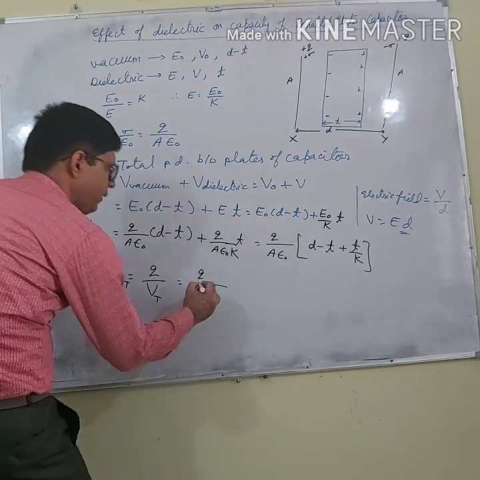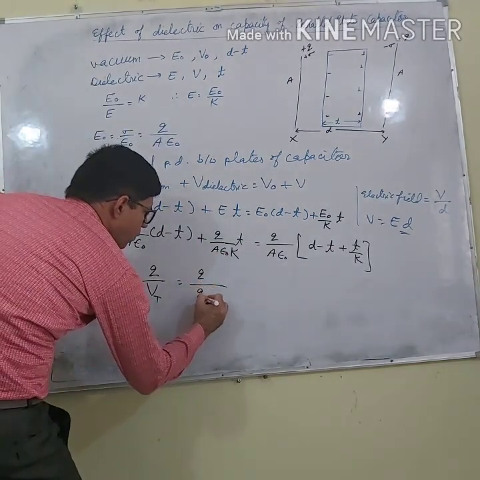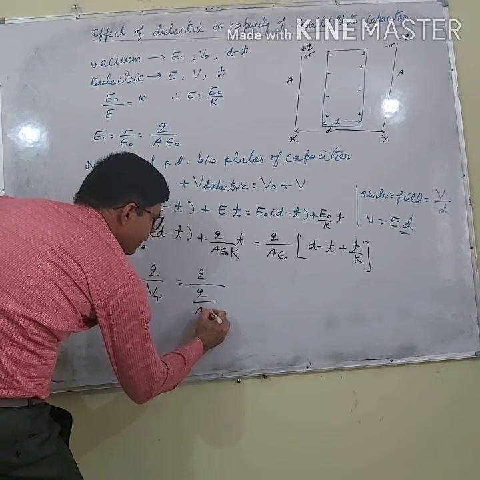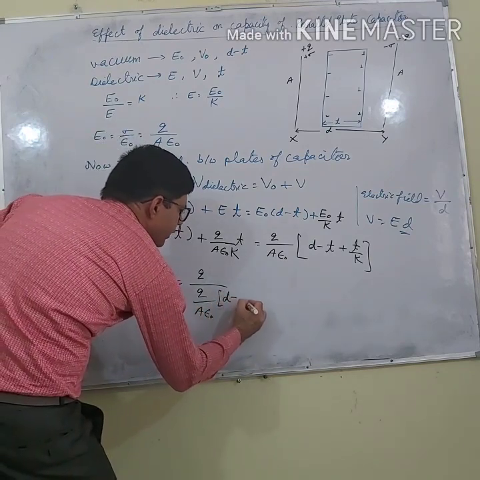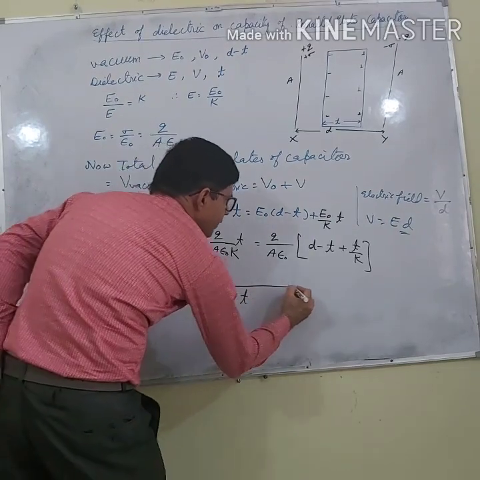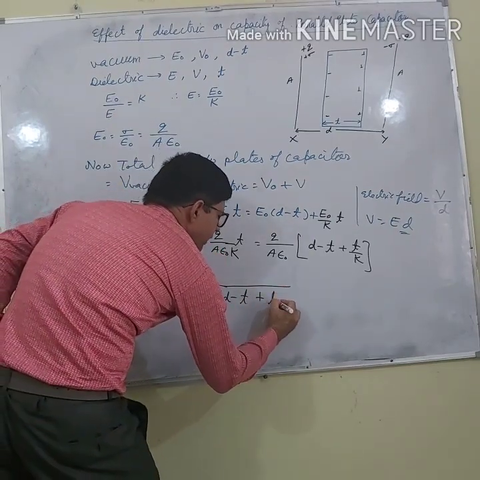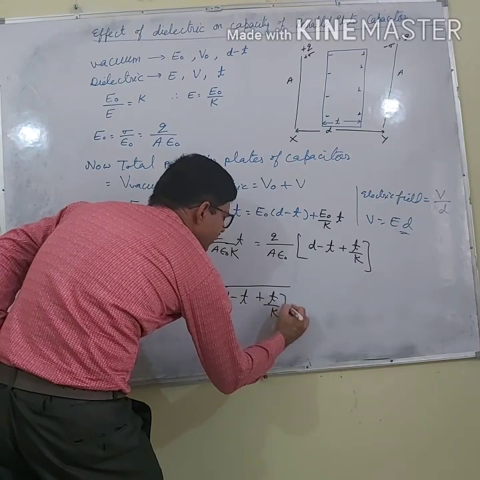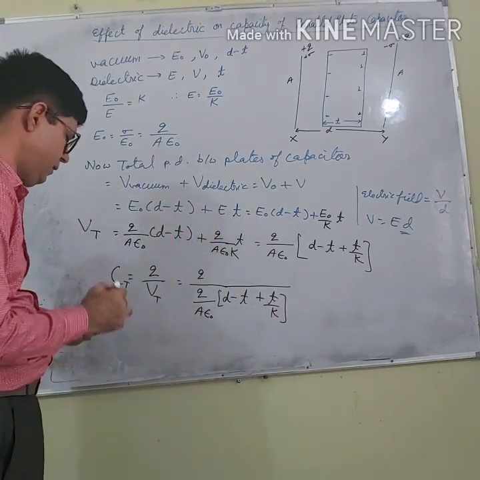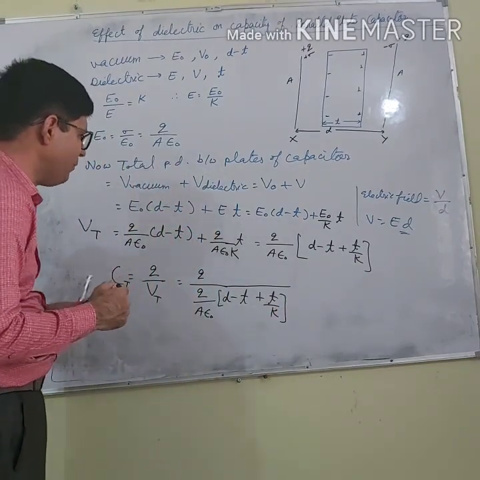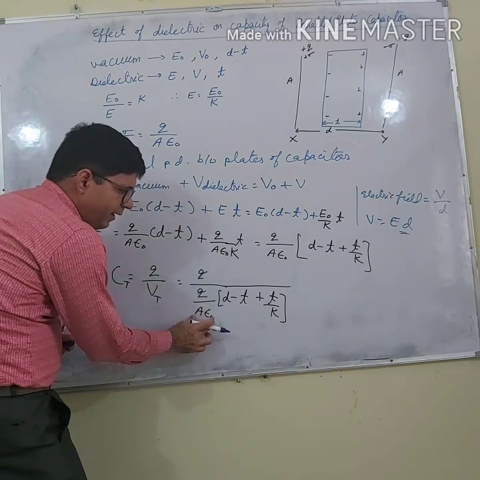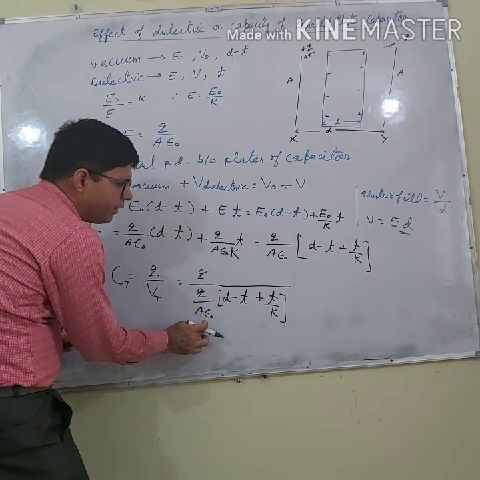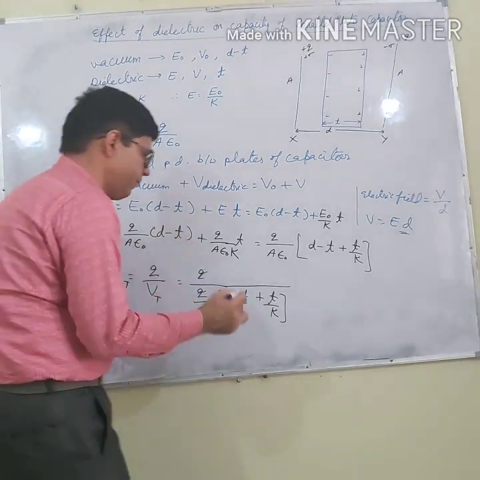So let me substitute here: Q divided by Q by A epsilon naught into D minus T plus T by K. Now students, what happens? This Q gets cancelled. It is denominator to denominator, so it will be shifted into the numerator.